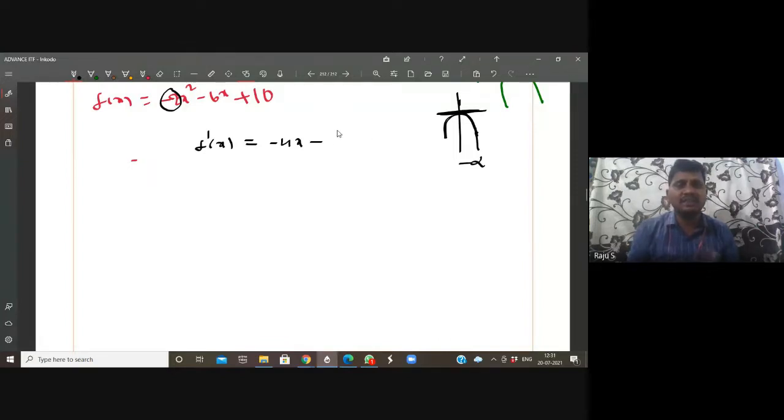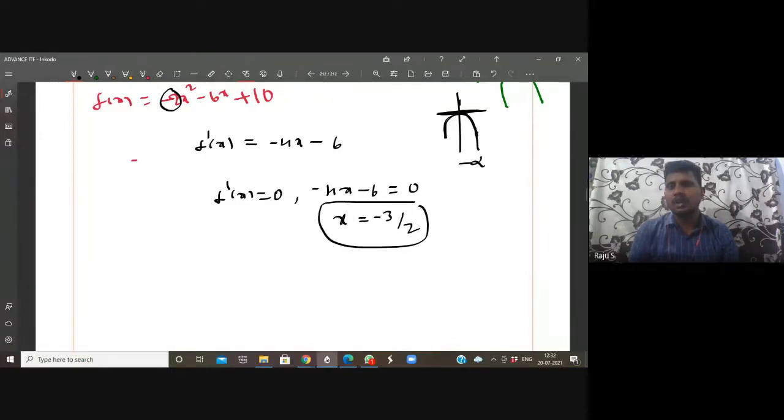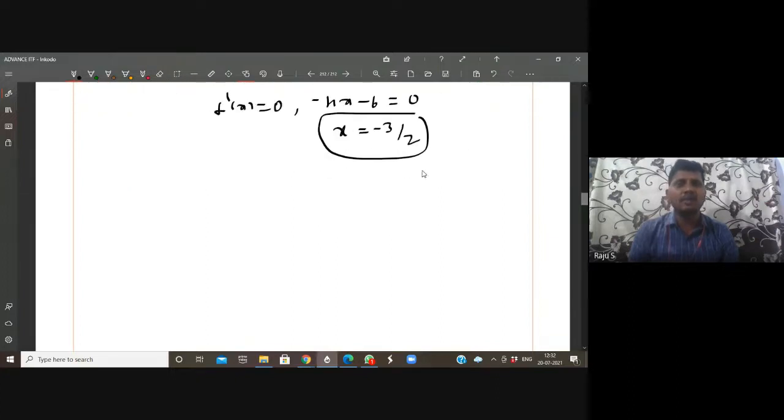But to check increasing and decreasing, just simply differentiate: -4x -6. Now, what shall we do after differentiating? Equating f dash of x to 0, that is -4x -6 equal to 0, we get x equal to -3/2. So x equal to -3/2 divides the real line into two parts.